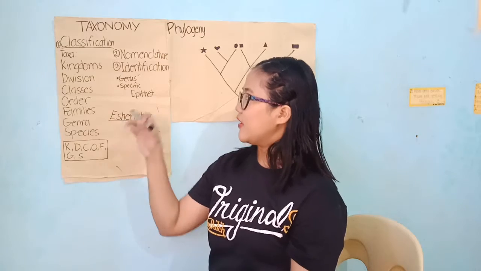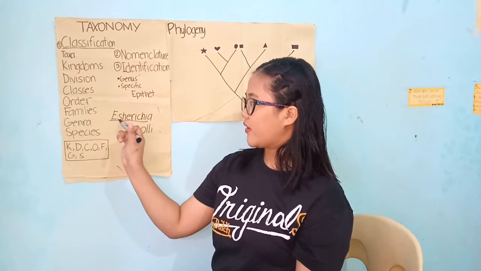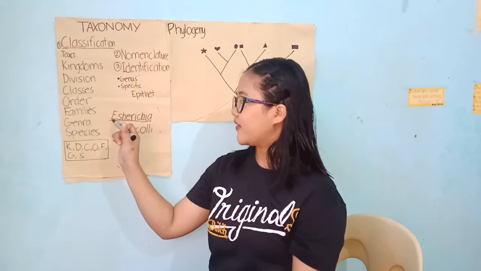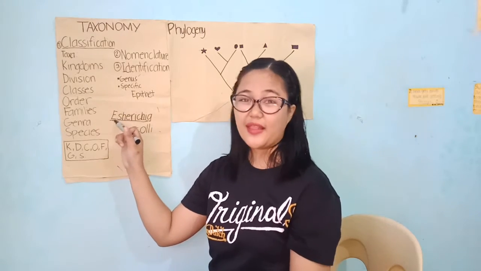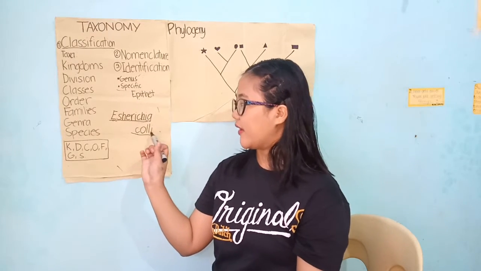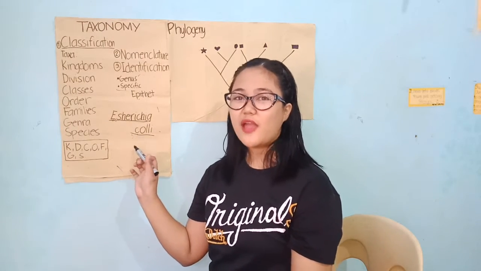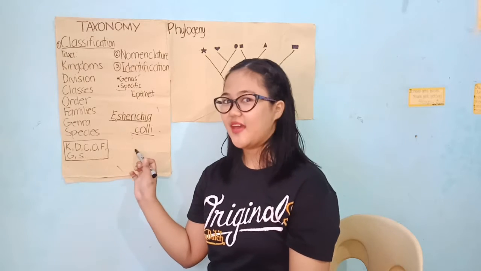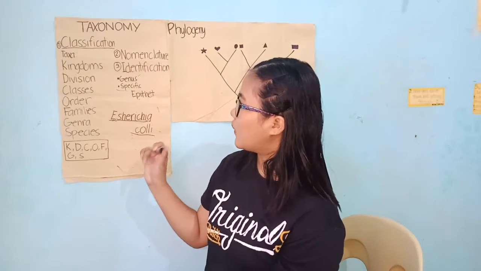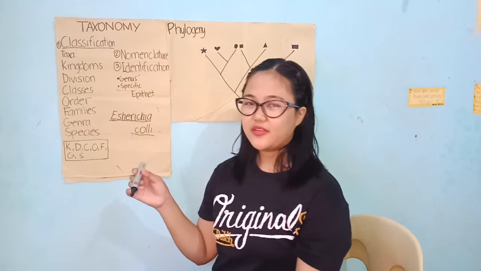The genus is written in italics, and the first letter of the genus is capitalized. While the specific epithet is all written in small letters and is italicized. So that's the end of my explanation about taxonomy.